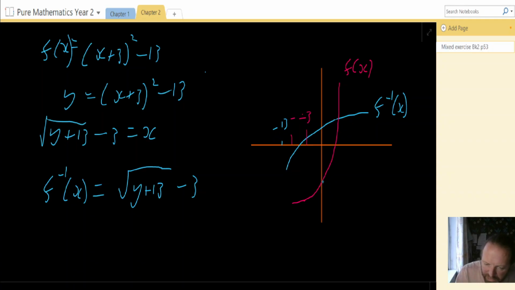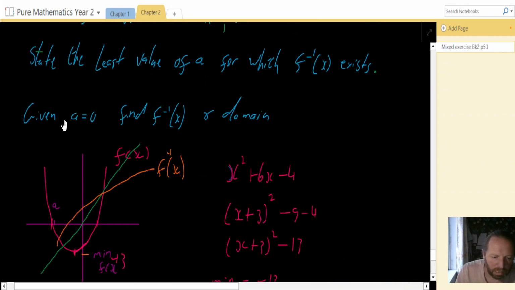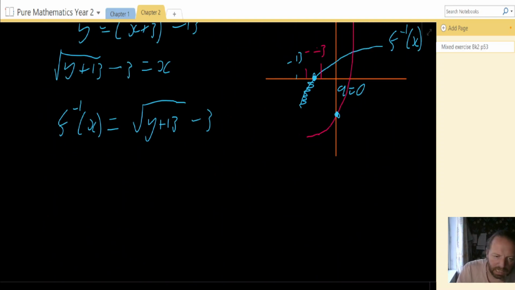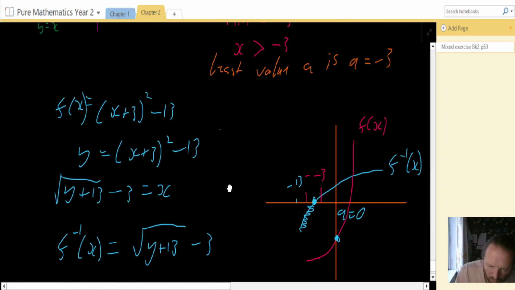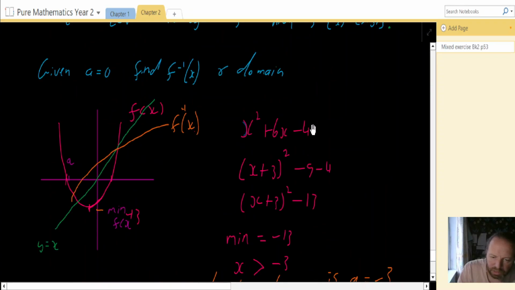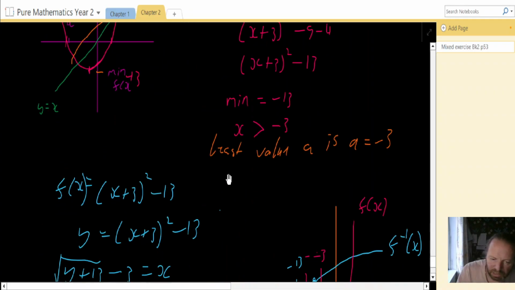We've now said a is 0, so we should be ignoring all of this for when a equals 0, as given in the example up here. Given that a is equal to 0, find it. So we found it, there it is. Its domain is equal to, where did f of x cross the y-axis? f of x crosses the y-axis at minus 4.